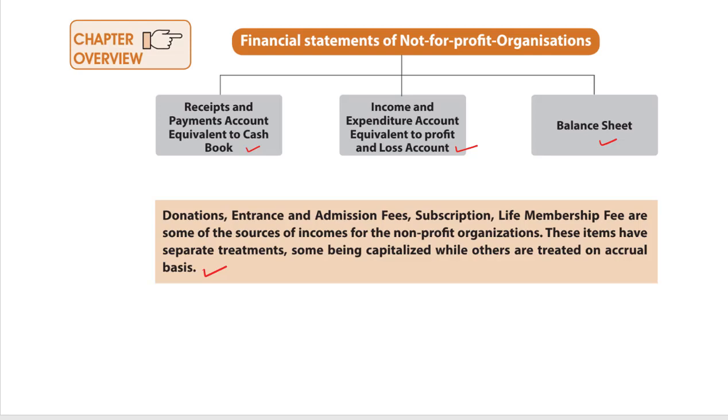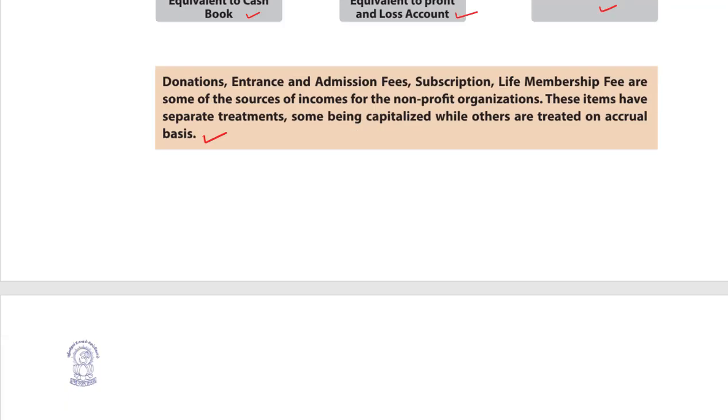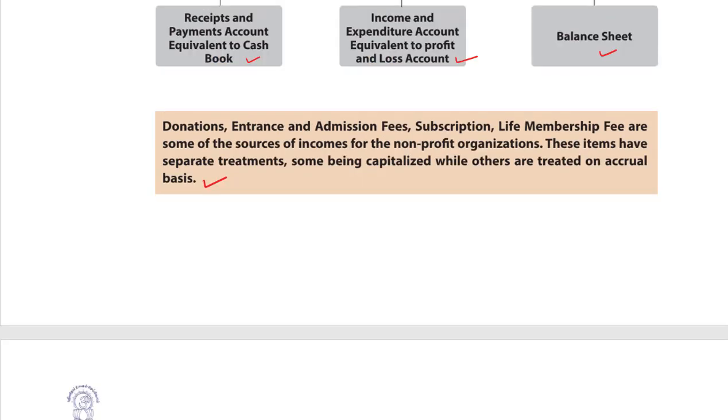We also prepare income and expenditure account instead of profit and loss account, which is equivalent to it. And we prepare a balance sheet, that is, the statement of financial position. Generally, an NPO earns from several sources like donation, entrance fees, admission fees, subscription, life membership fee, etc.